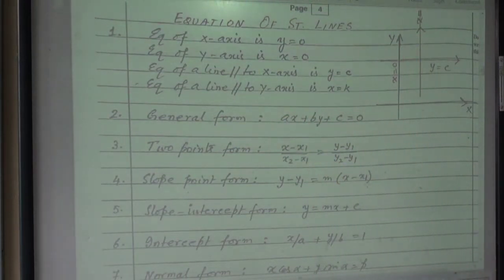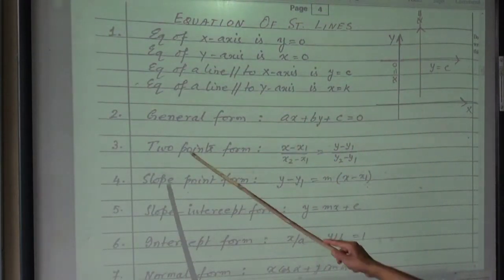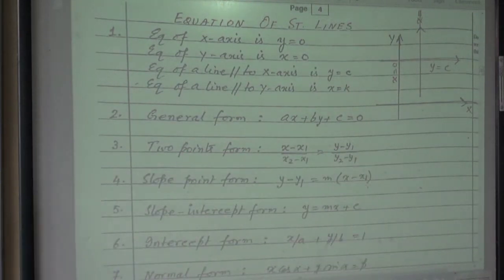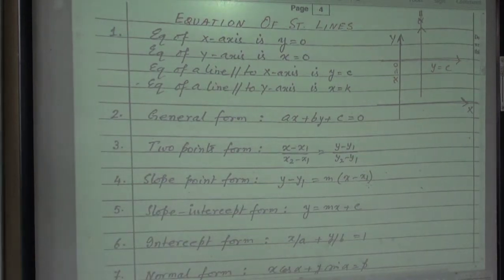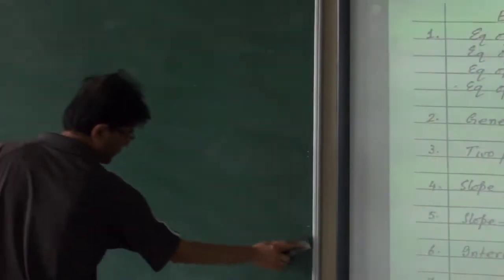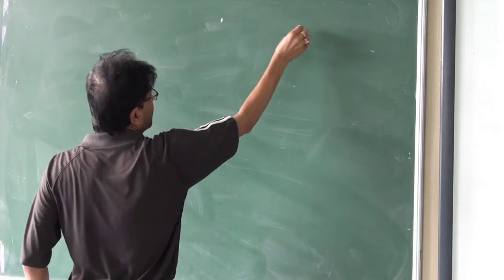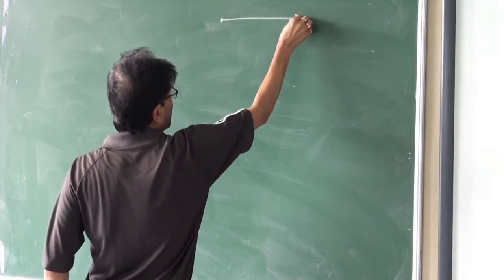Now there are some special forms of straight lines. Two points form: equation of line passing through 2 points. This is one point, this is another point. If you join, you will get one straight line.